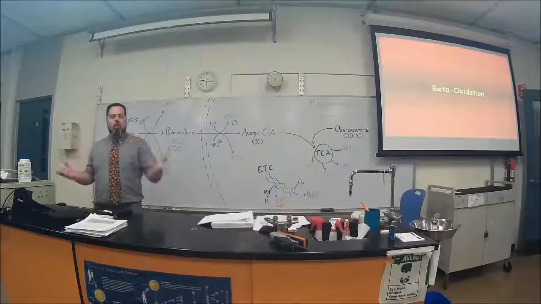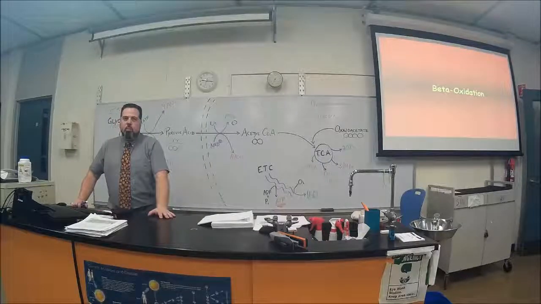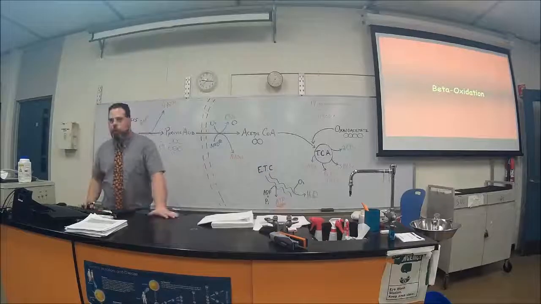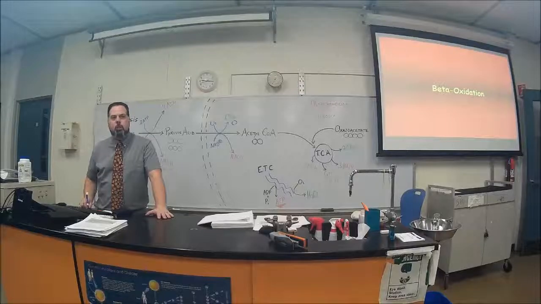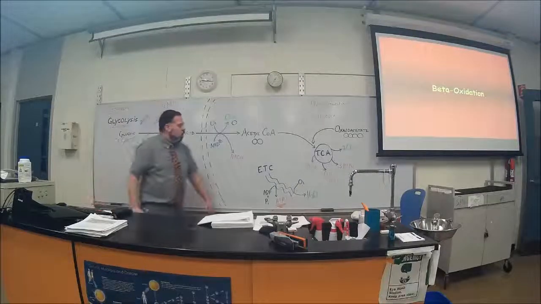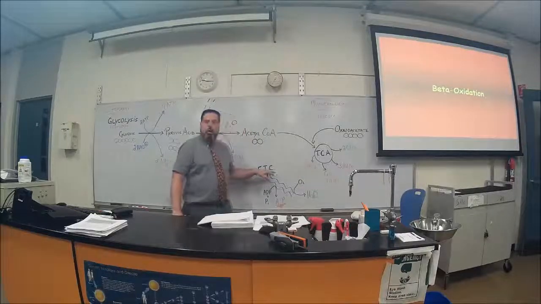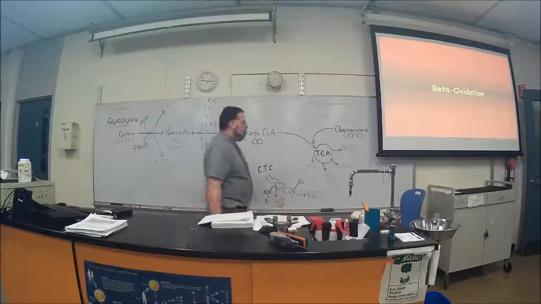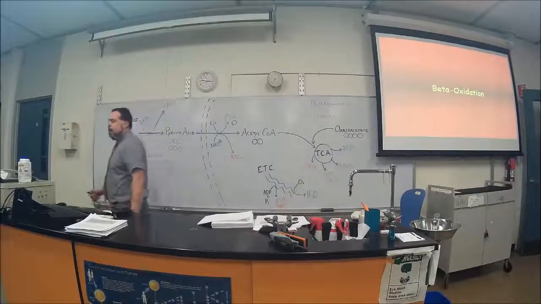Those are all the exhaust that kind of comes out of your engine. We don't really use, well, we use a little bit of the water, but carbon dioxide we really don't use. It just comes out of our breath, and trees use it, which we'll talk about with photosynthesis. For every FADH2 that enters over here, you get 2 ATPs. For every NADH that enters in here, you get 3 ATPs.